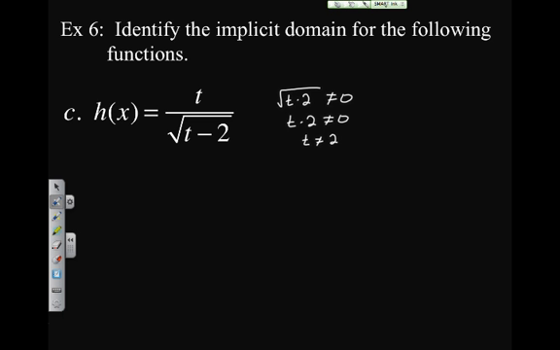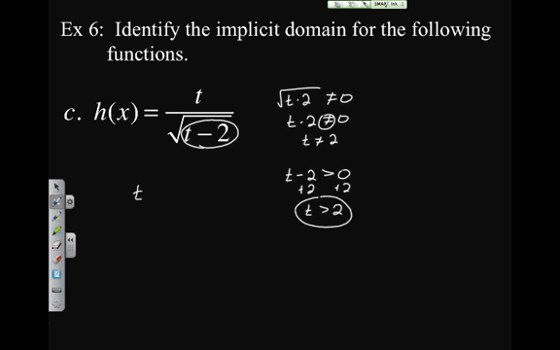So we know that the stuff inside the radical, t minus 2, cannot be negative. It has to be greater than or equal to 0, but again, we've already stated it can't be equal to 0, so we're just going to say greater than 0. And we add 2, and we get t is greater than 2. So t can't be equal to 2, t is greater than 2. It's all taken care of in this statement right here.